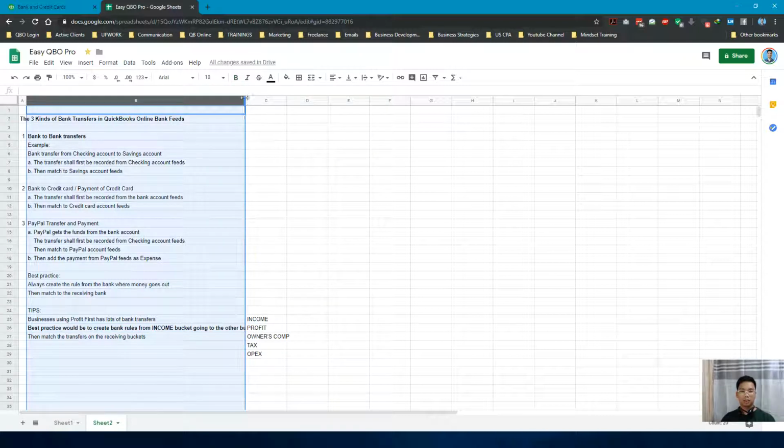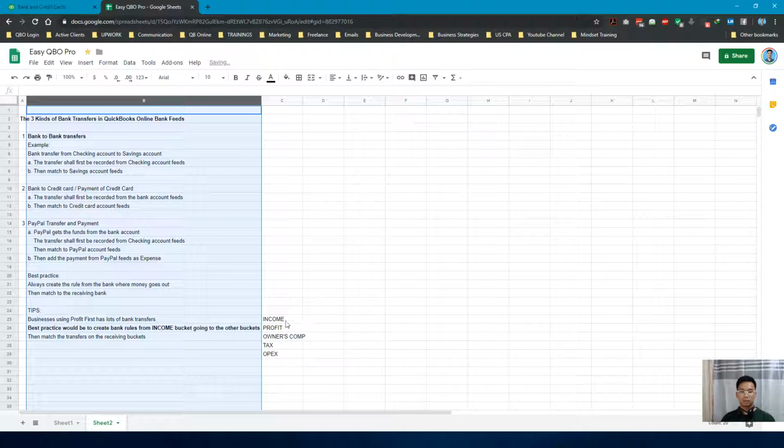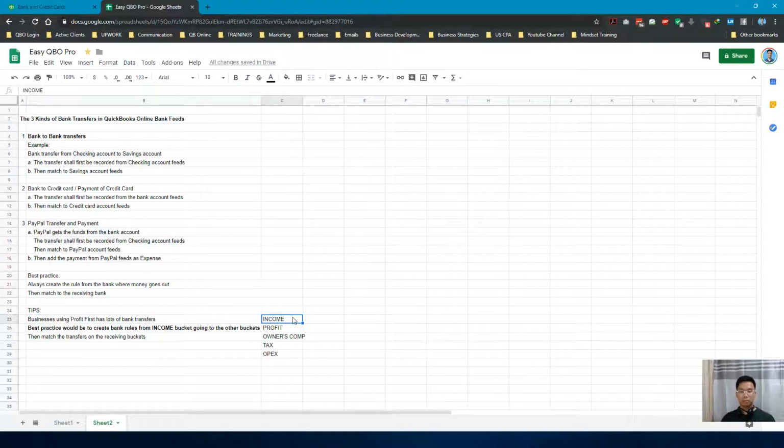And which are the other buckets? From income, you create a bank rule specifying those that are going into profit, owner's compensation, tax, and OPEX. And then after you record the transfers by the bank rule, you just match the transfers right on the other buckets, which are profit, owner's compensation, tax, and OPEX.